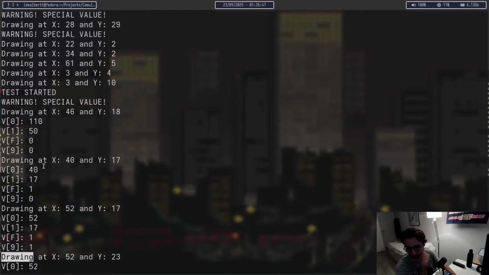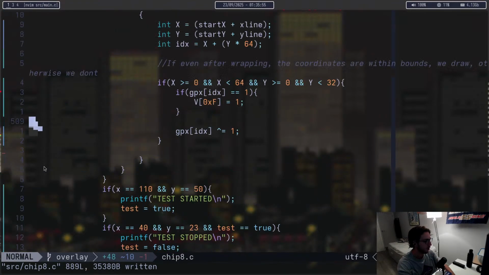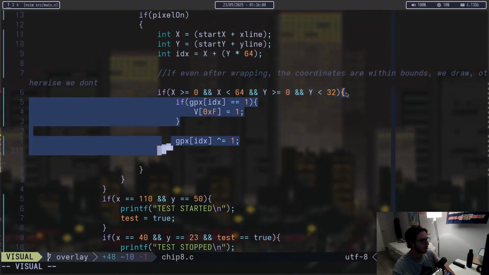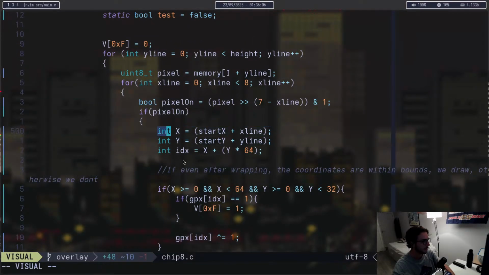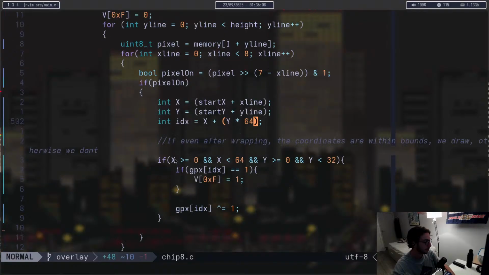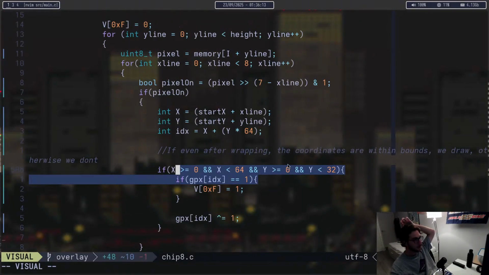What if your logic for setting BF? I mean, I think it's the same one that you have. Maybe this could be wrong, I don't know. The whole index thing. But it shouldn't really, because it draws correctly to the screen.